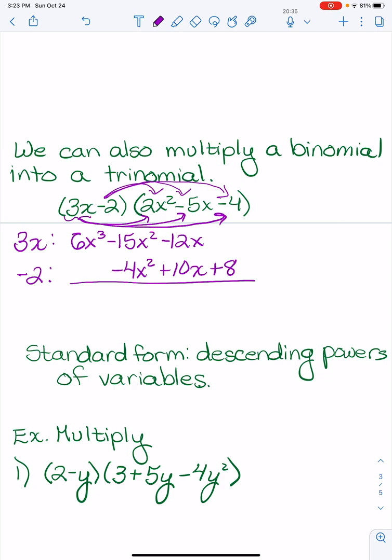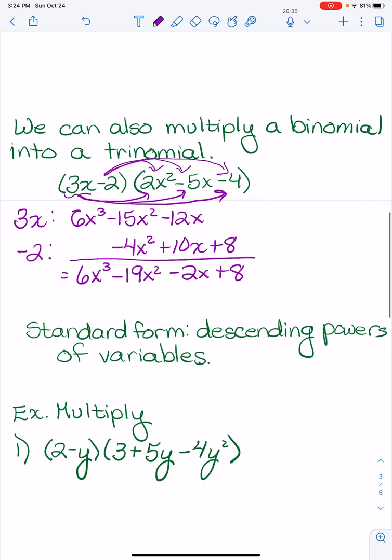And now I'm going to add these together. 6x cubed minus 19x squared minus 2x plus 8. See, it's real easy if you line them up vertically like that. It's real easy to just add your like terms. Just an organizational tip.